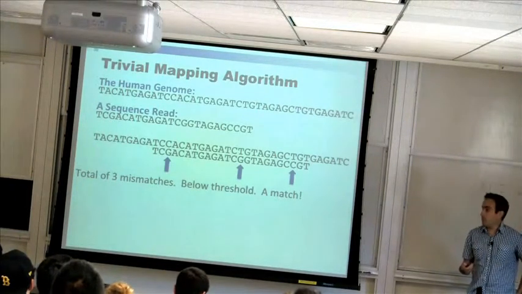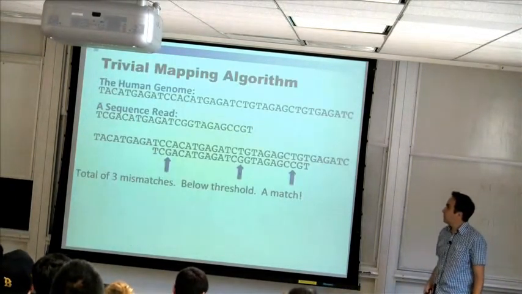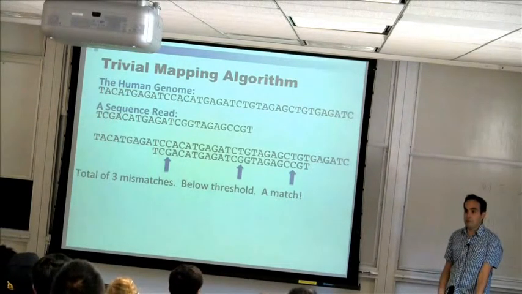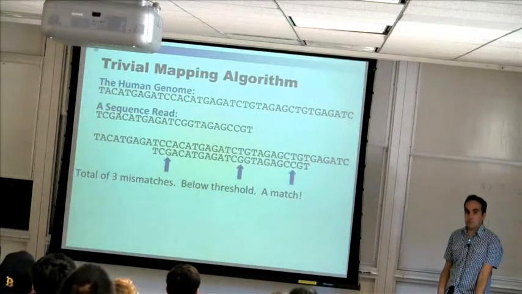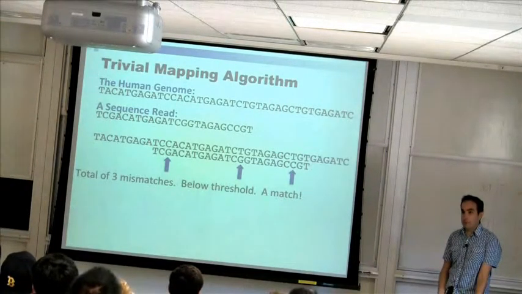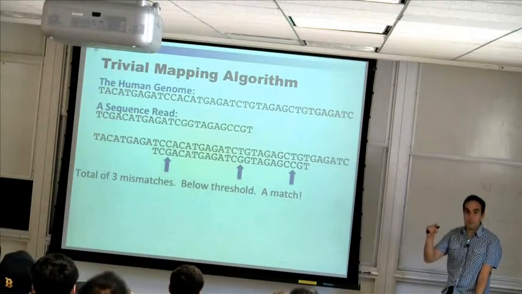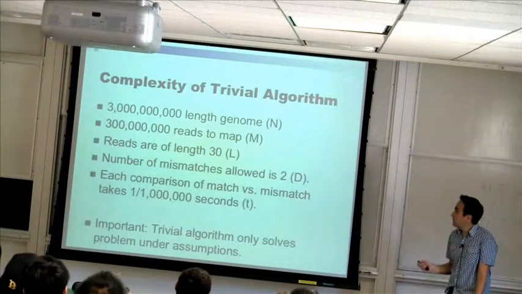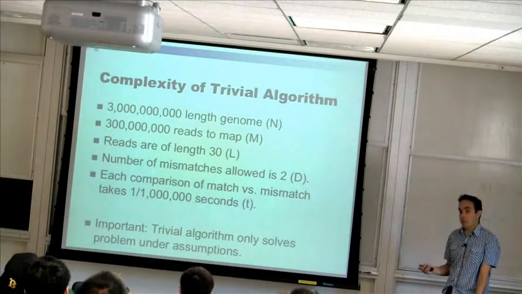So how long will this take? For every read, what do I have to do? Check 3 billion positions, and within each read I have to match every position. Here's an example. Let's say my genome length is n. I have m reads to map.